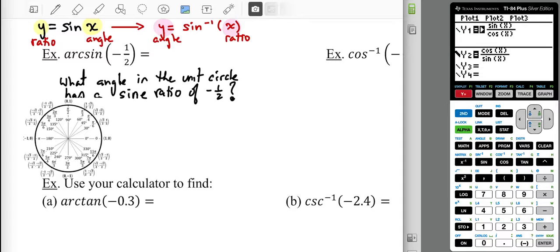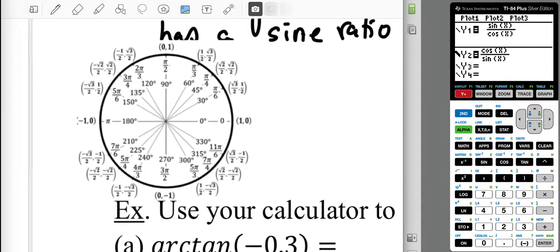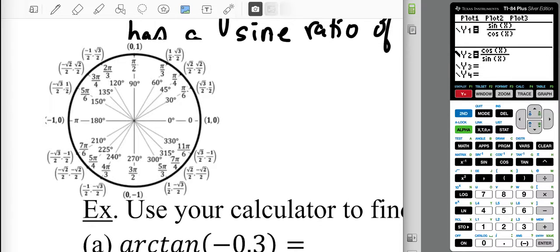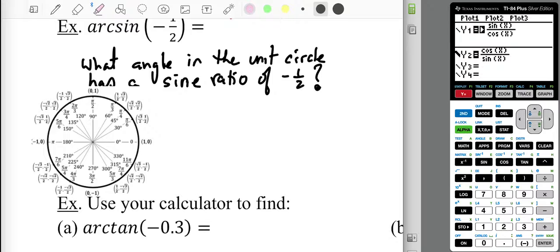As we look at the unit circle, again we're looking for a sine ratio of -1/2. The sine ratio is really just a y value, because remember every coordinate on the unit circle is x comma y.